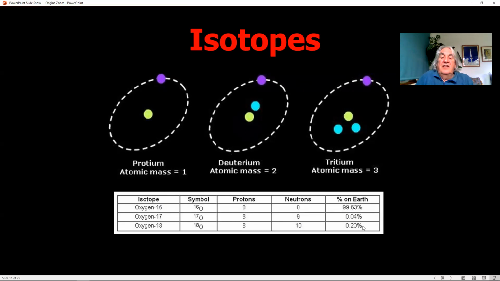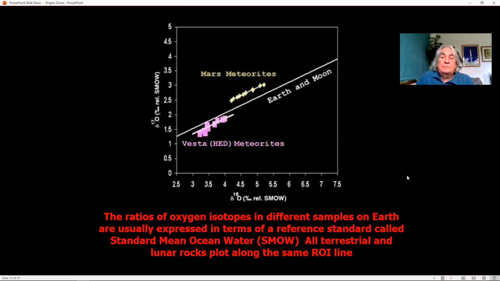And you can see they're far less abundant. But that relative abundance is characteristic of all oxygen on Earth. So whatever rock you find it in, whether you find it in water, whether you find it in a metal oxide, wherever you find it, the isotopes of oxygen are found in those relative abundances.